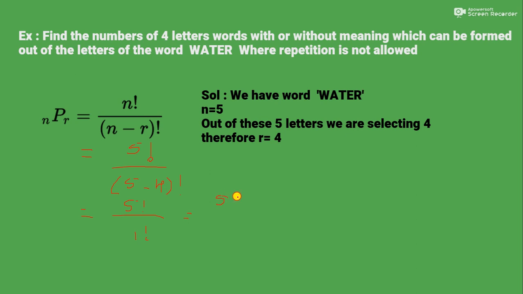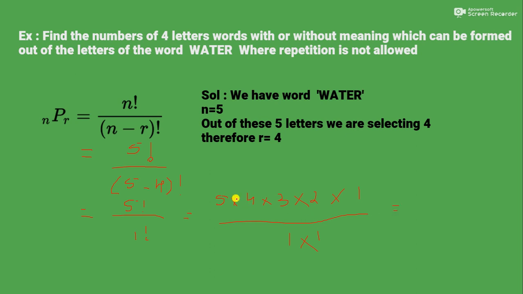5 factorial is 5 into 4 into 3 into 2 into 1, and 1 factorial is 1 into 1, so that gives the total.